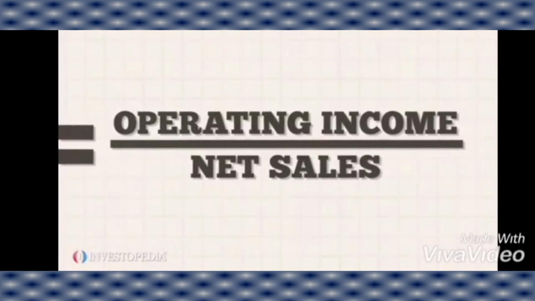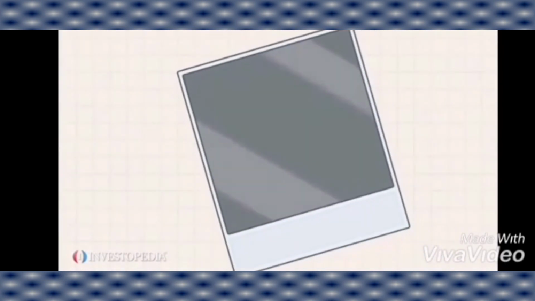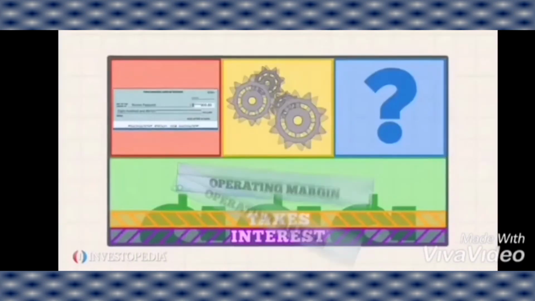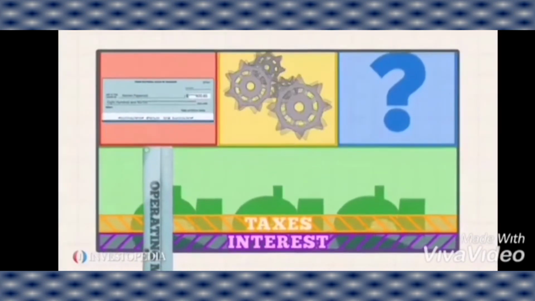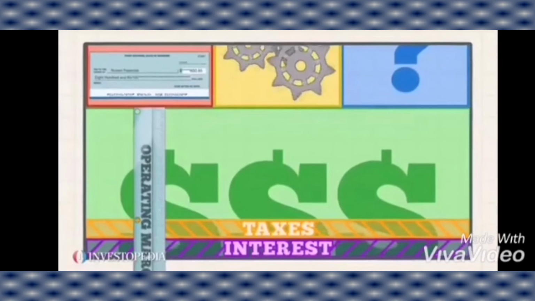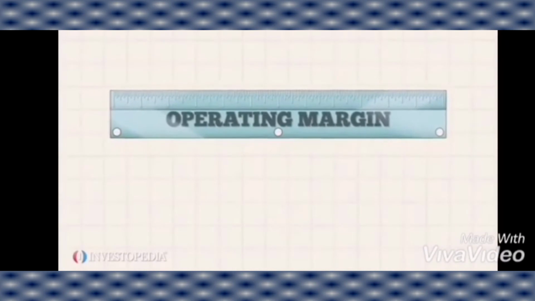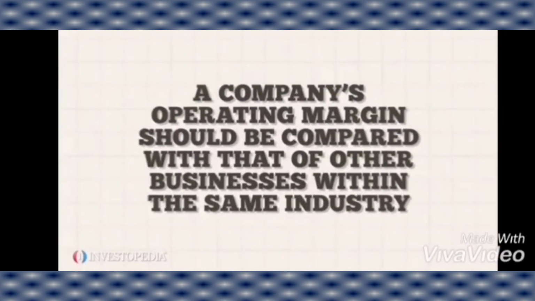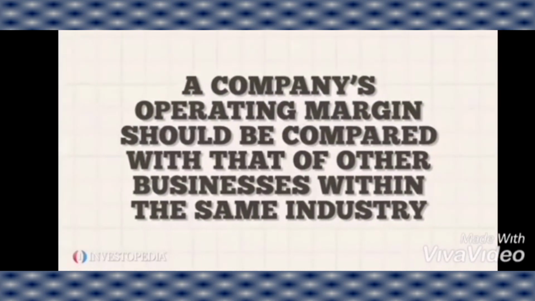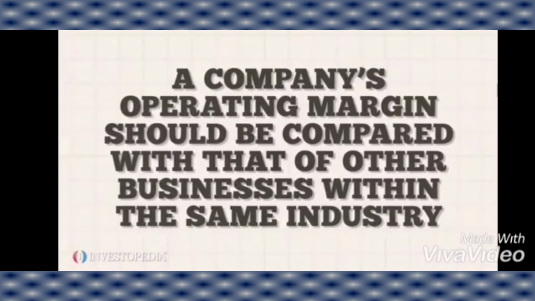Dividing operating income by net sales provides a snapshot of how much a company is making on each dollar of sales. If a company's operating margin is increasing, it's earning more per dollar of sales. The higher the margin, the better. It is important to note that, as is the case with most business measurements, a company's operating margin should be compared with that of other businesses within the same industry.